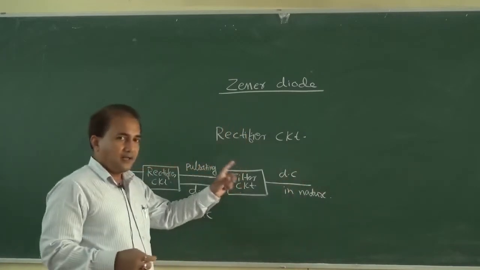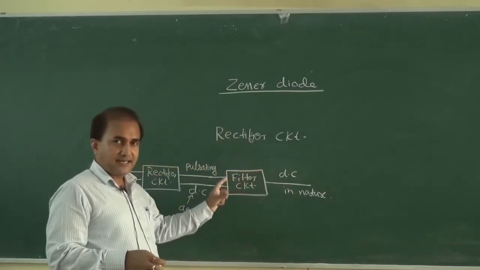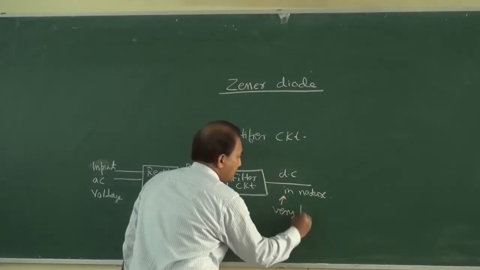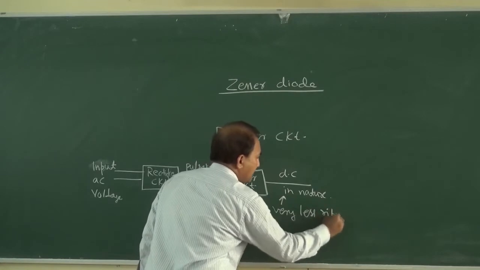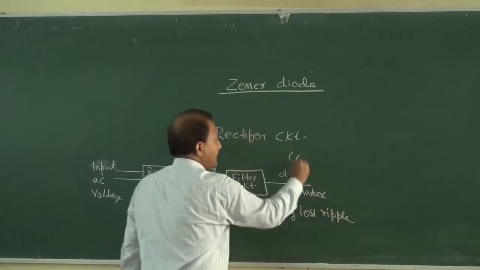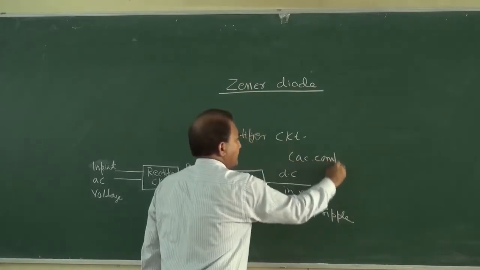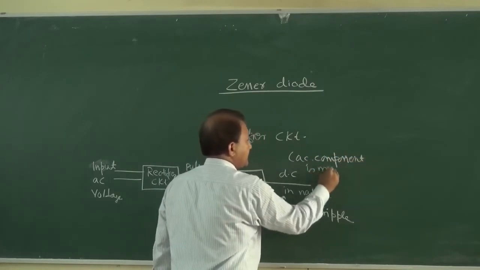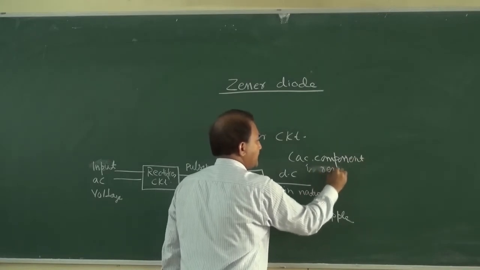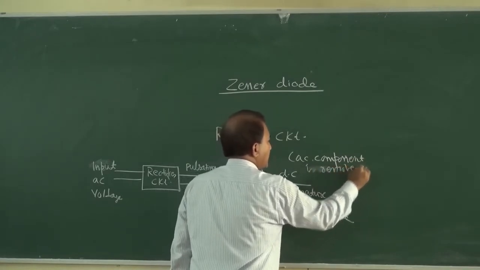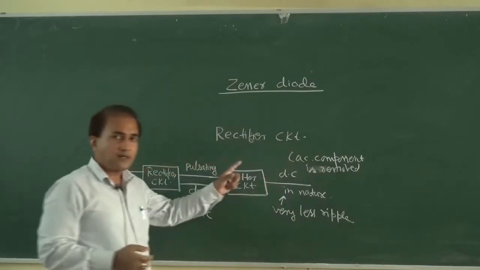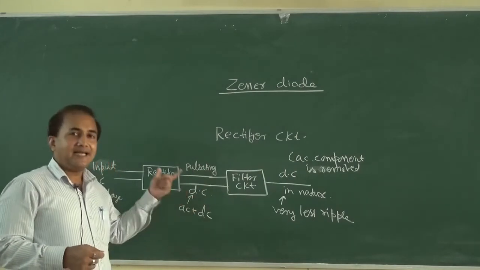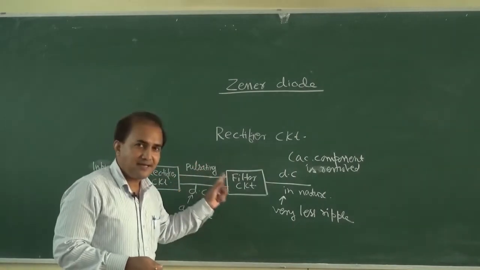Here the output of this filter circuit has very little ripple, so the AC component is minimized or removed. So how is the AC component removed? The AC component from this pulsating DC is removed by using a filter circuit.